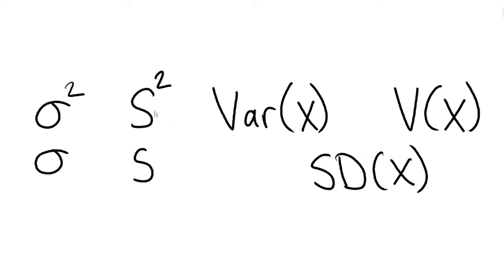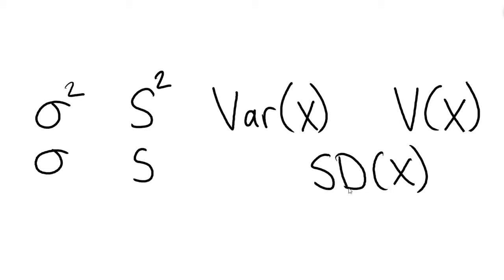That's how it works mathematically. And then we also have s squared and just s. We usually use these when we give estimates for variance and standard deviation, but they can sometimes also denote the real population variance and standard deviation. And then we have, with letters, Var(x) and V(x) or SD(x).